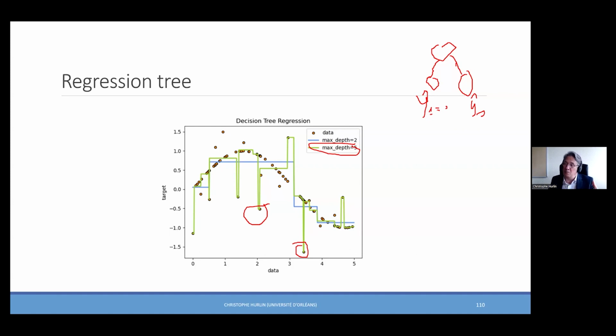And so between a depth of 25 and a depth of 1, there is an optimal depth which is related to an optimal complexity of the tree that allows me to have a good in-sample R squared, but also a good R squared for new data on the test set.